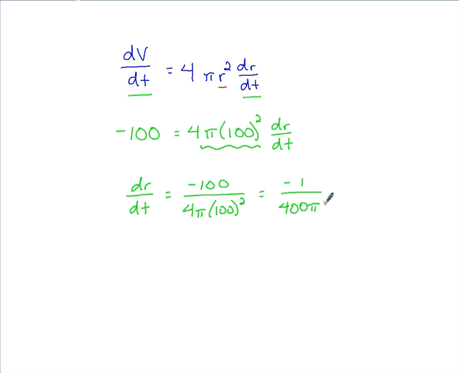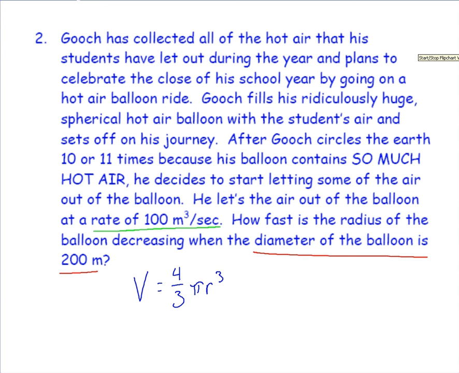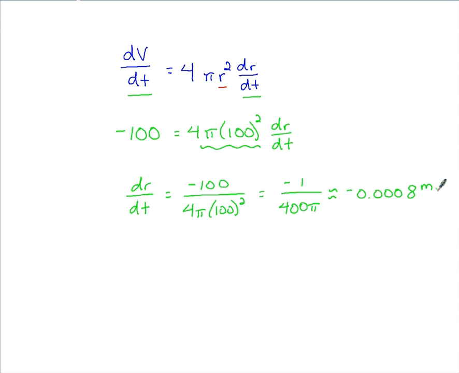I mean, that'd be one way to express it. In terms of the application, doesn't make a lot of sense. So if you wanted to go through and give me the decimal on this one would be negative 0.0008. That would be the rate at which that radius is changing. As far as a unit of measurement is concerned, for volume, it was cubic meters per second, right? So this would be meters per second.